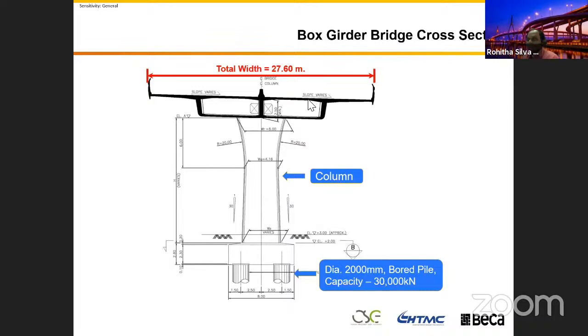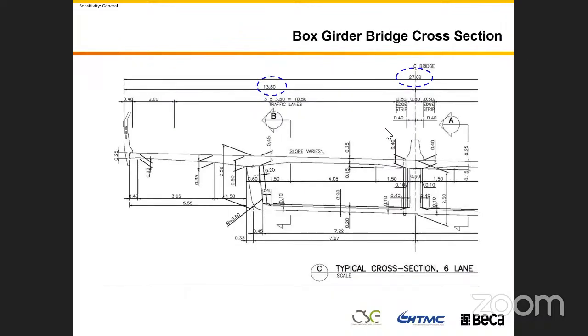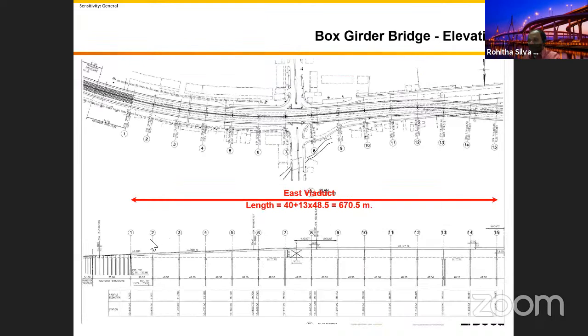Thank you so much. And this is the cross section of this bridge, right? If I go to the elevation in here, this bridge is 600, this approach span is 670 meters. We have this bridge, I think, close to 200 to 300 meters spacing between expansion joints; I forgot the number exactly.